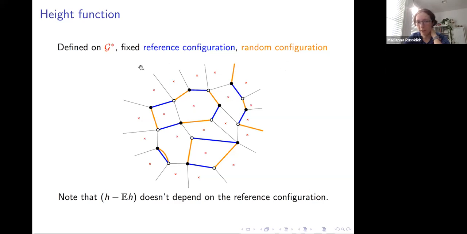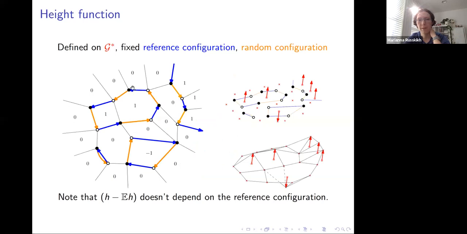So then clearly we obtain a set of loops and double edges. And those loops can be easily oriented. Just orient all edges of the fixed configuration from a white vertex to a black one, and of a random one from a black one to a white. So we obtain an orientation of loops.